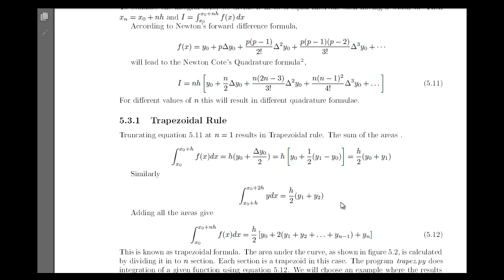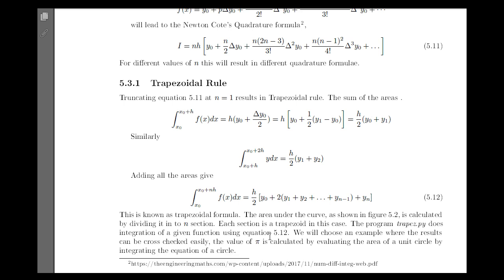If you repeat this process and reach the last trapezoid, the total area will be h/2 [y0 + 2(y1 + y2 + etc. + yn-1) + yn]. Here yn is the last value of y corresponding to xn, and y0 is the first value of y corresponding to x0. This is what we call the trapezoidal formula.